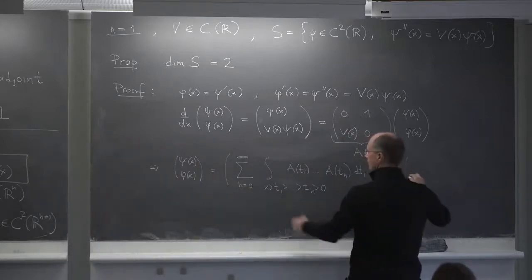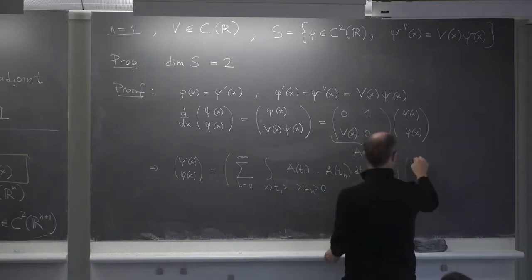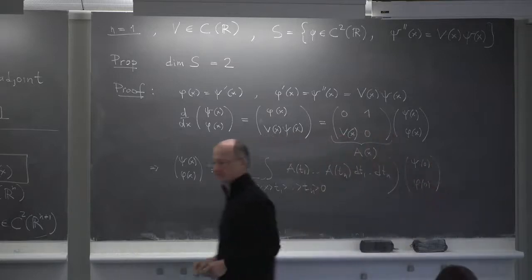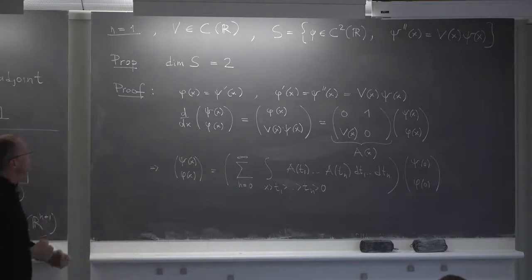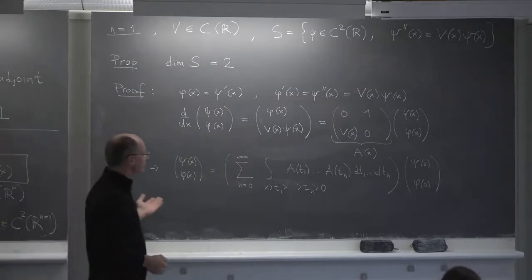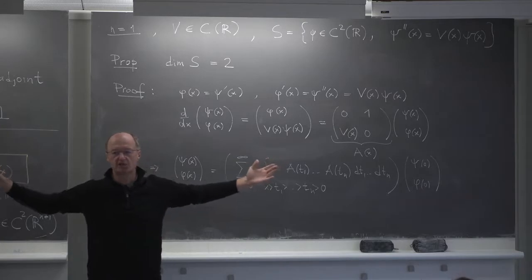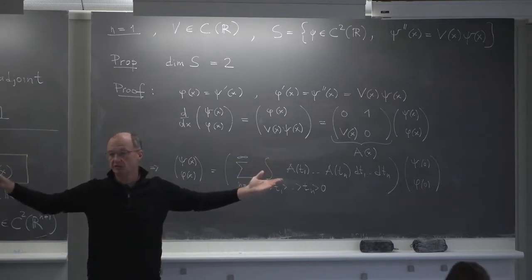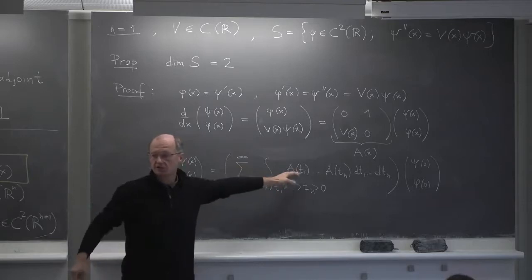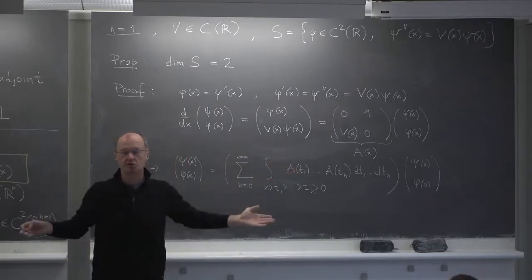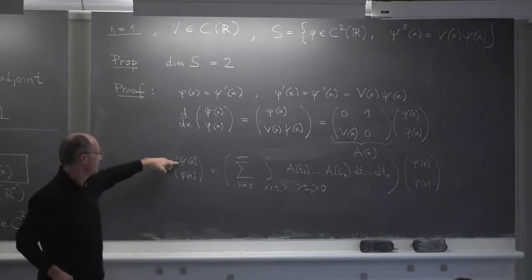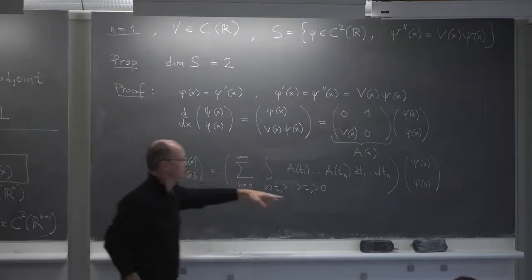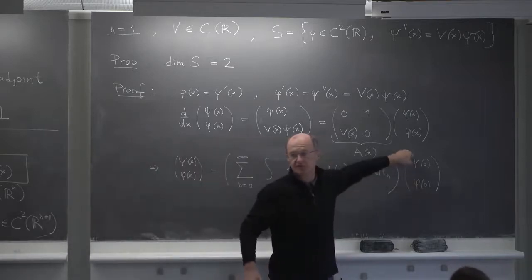And here, well, I chose the point 0, so it will be psi of 0, phi of 0. So now V is continuous, so I can take any compact segment and it is going to be bounded there. So all those integrals, all this series converges very well. And it defines for us this psi of x, phi of x as a function of psi of 0, phi of 0.